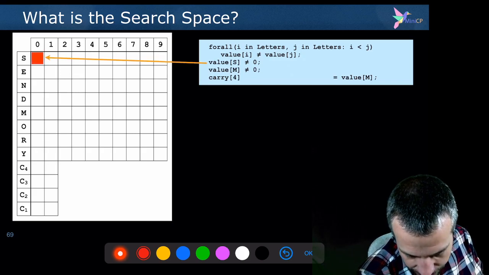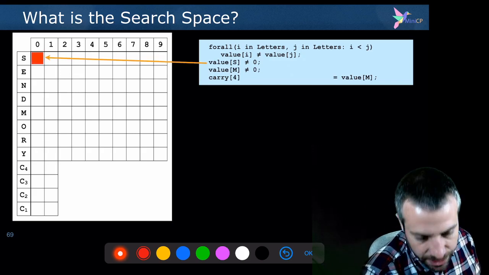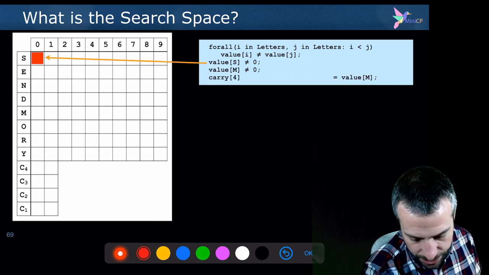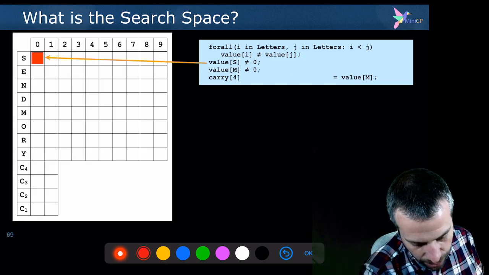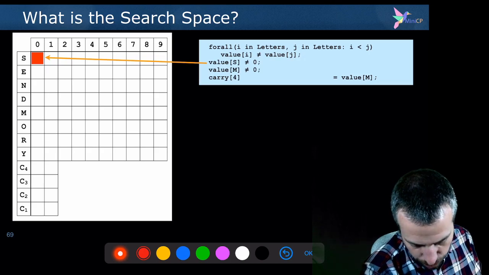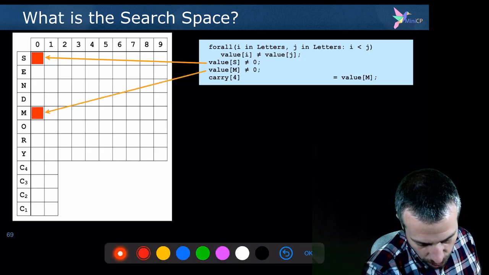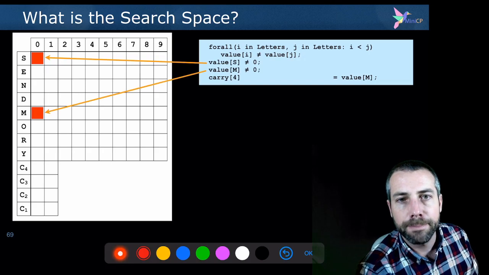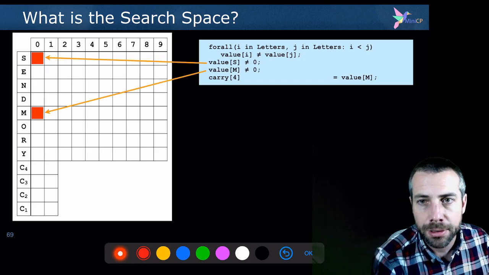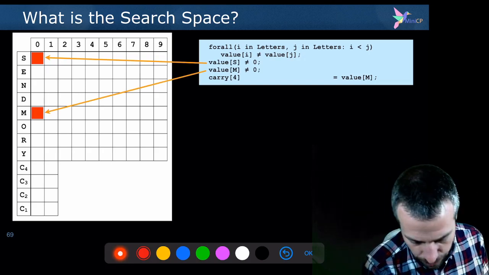Because what the solver will do is already use this: the value of S and the value of M must be different from 0. So you already put in red the values corresponding to value 0 for the domain of variable S, and you also put in red the variable M, to say that S and M must take values different from 0.